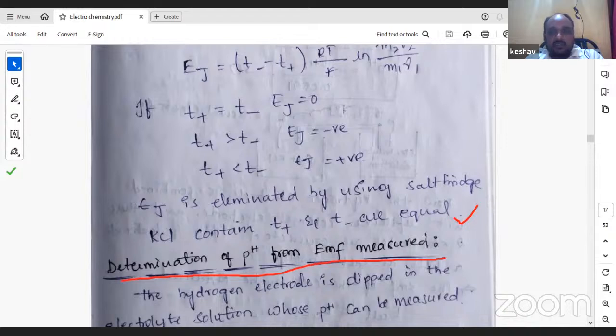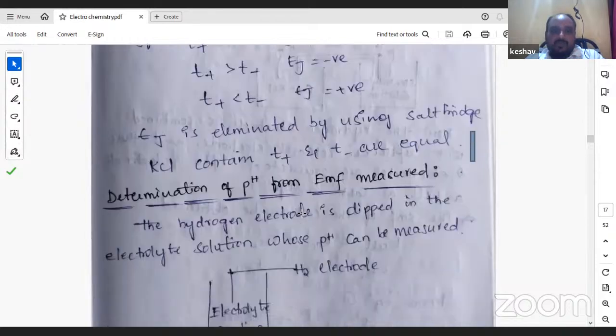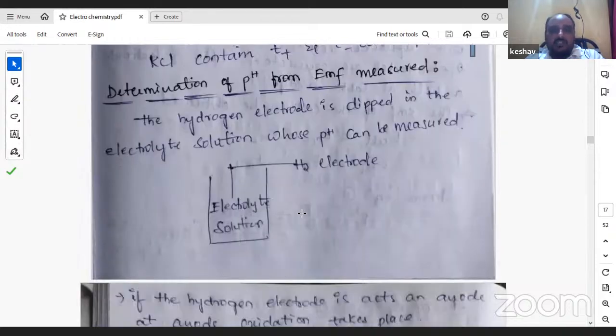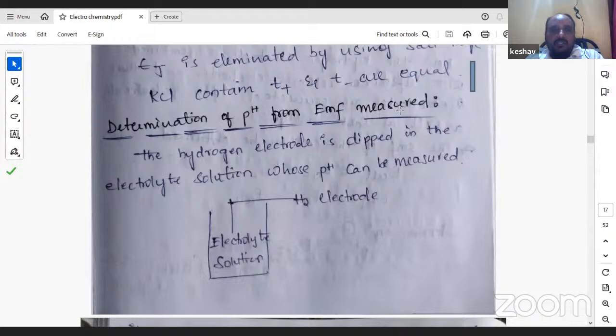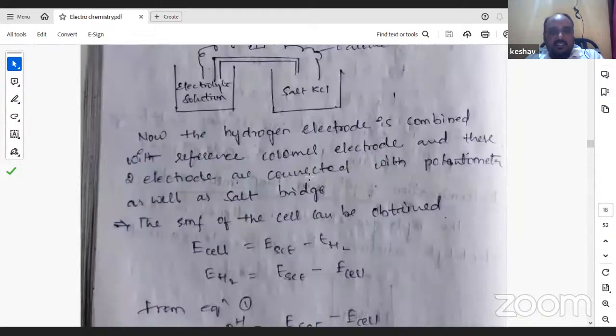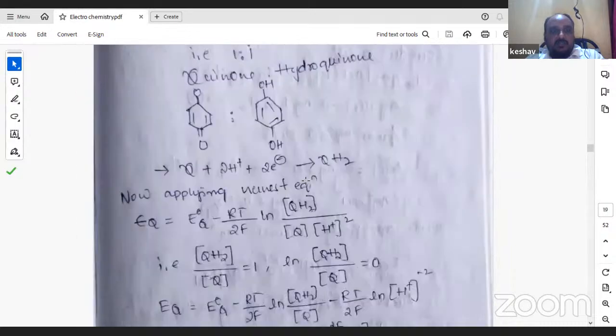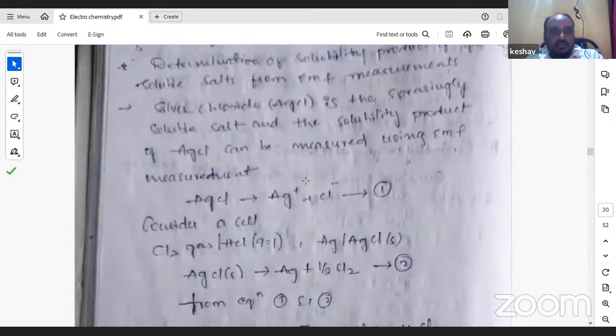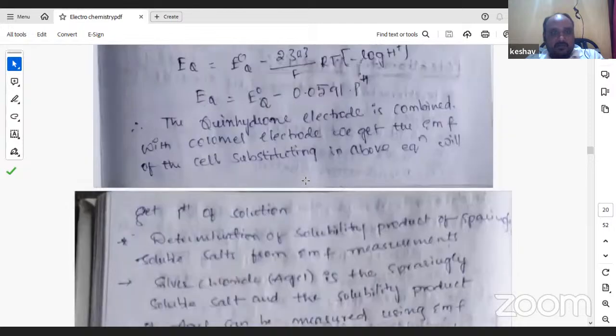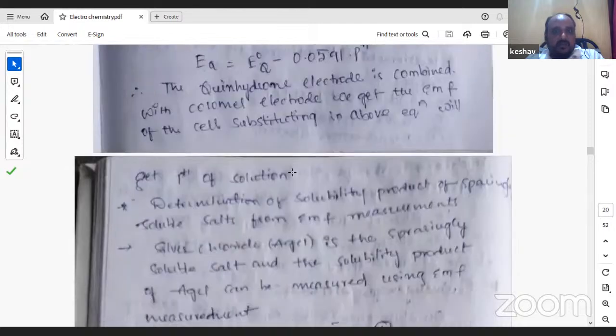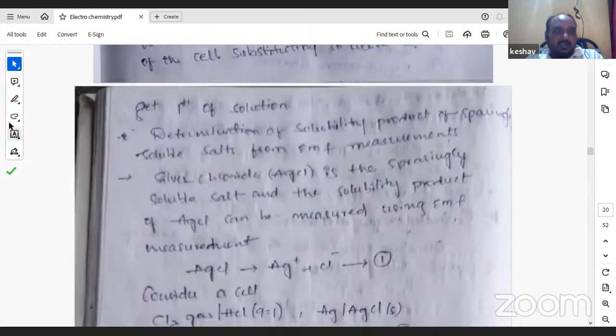Okay. So I think you people have next class, immediate paper 4 will be there. You have to join in the paper 4, right? Just you have to see what are the remaining topics. Determination of pH from EMF measurements, right? Then quinhydrone electrode. This is the heading only.